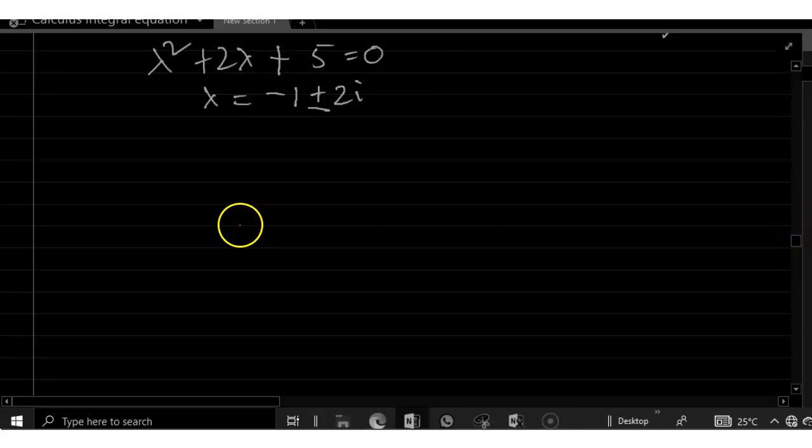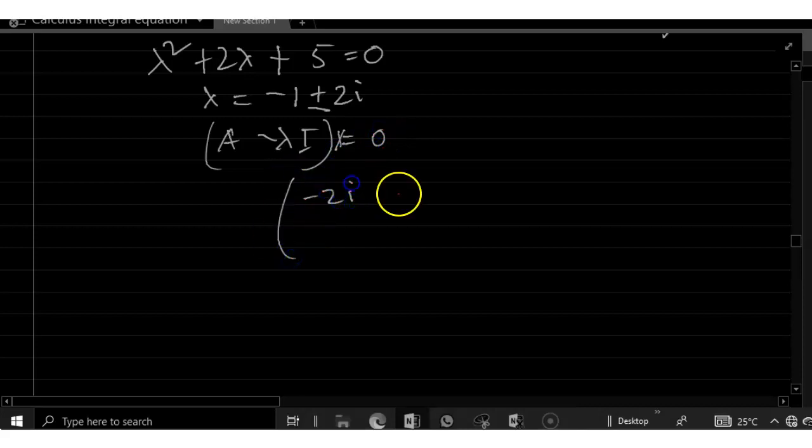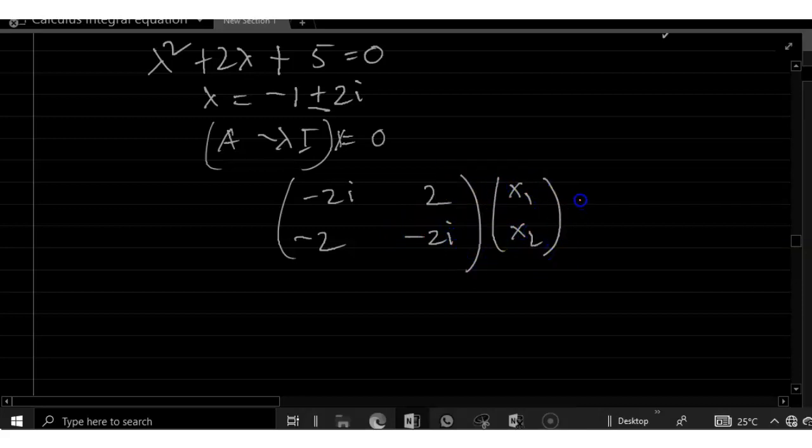So (A minus lambda I) x equals 0. So this value is [minus 2i, 2; minus 2, minus 2i] (x1, x2) equals 0.